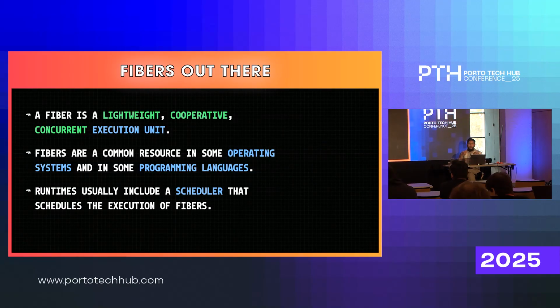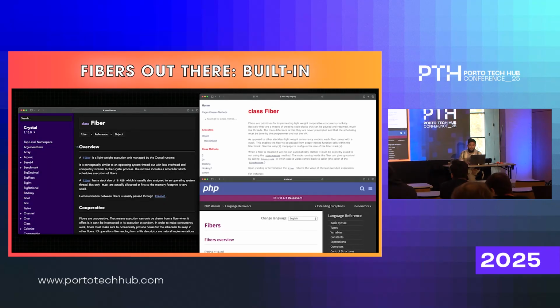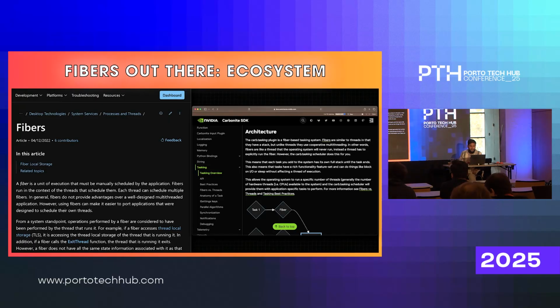And a lot of things that have a scheduler underneath them actually resort to fibers to schedule the execution of tasks. Some languages that have it built in these days: Crystal, which is a fairly newer language, but Ruby already got fibers, and PHP also already got fibers.